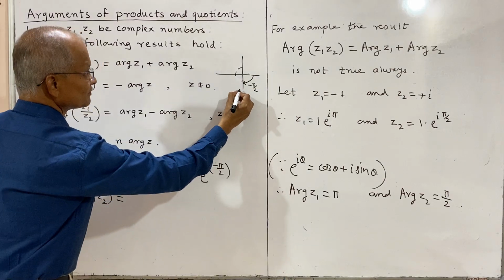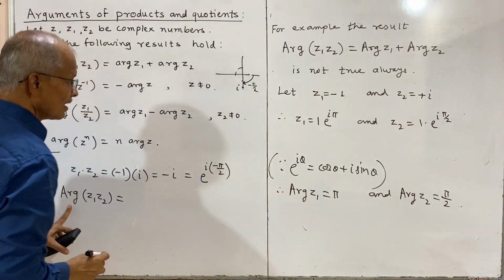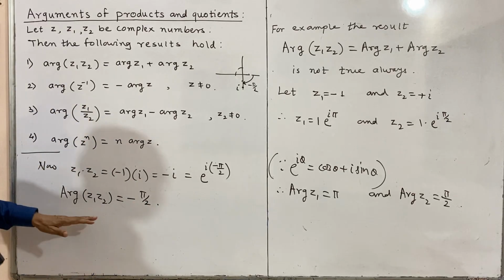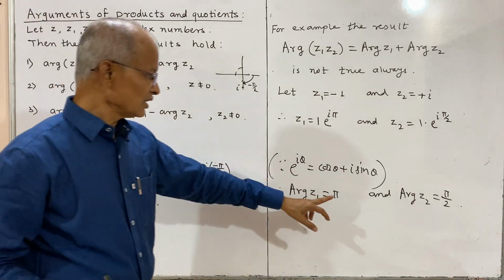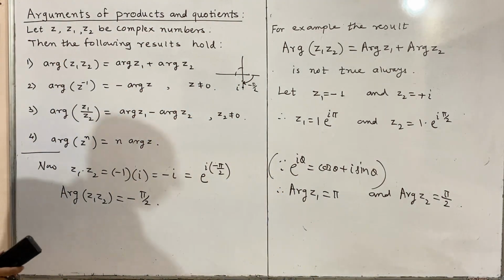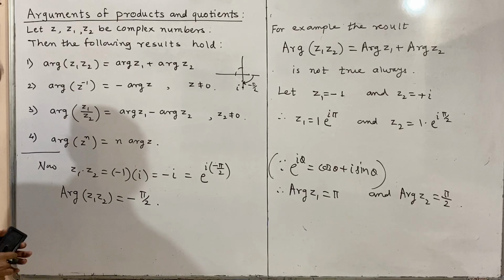i is here and this is -pi by 2, but this principal argument of z1 z2 is not equal to the principal argument of z1 plus the principal argument of z2.